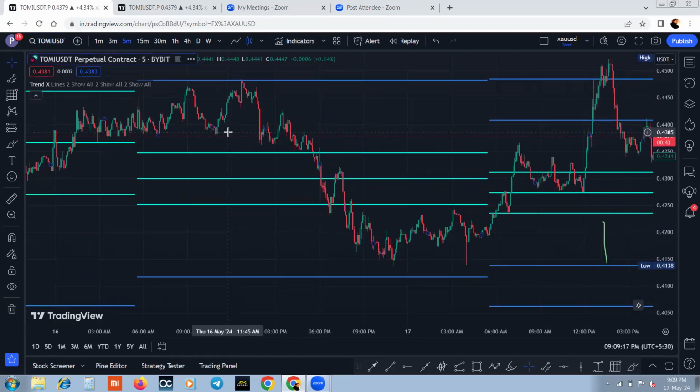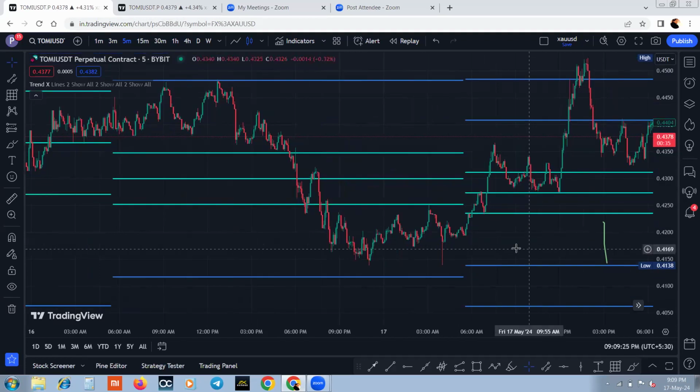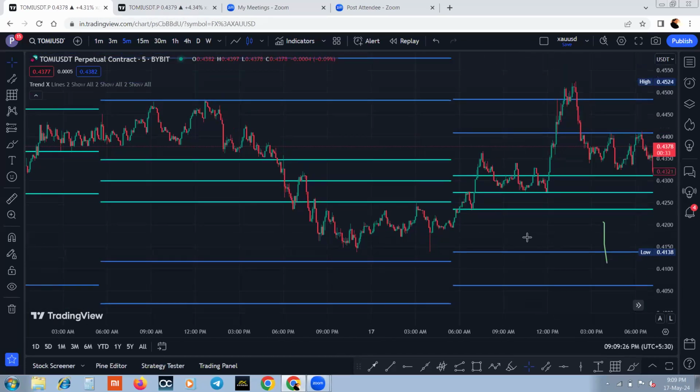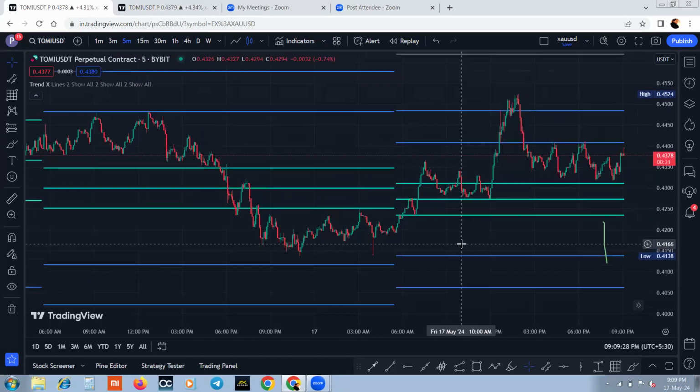When you are comfortable and understand Trendex very clearly, this concept, then you no need to add any other indicators. We have many other indicators for confirmation, use that. All indicators will work very nicely with the trend.